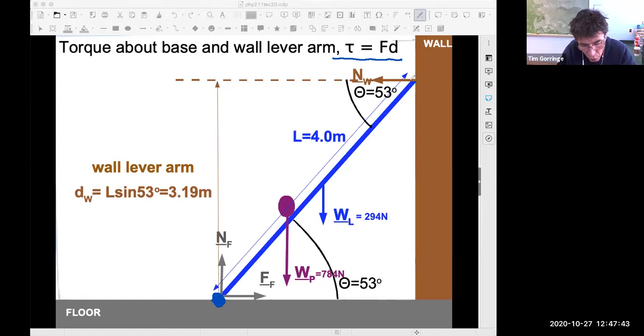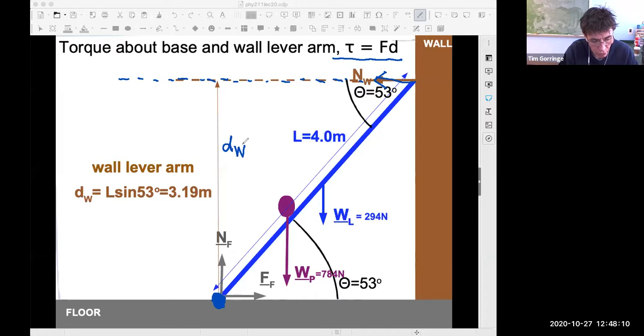Let's think about the wall's force upstairs here, and draw a straight line along the line at which the force acts. Then the shortest distance between that line along which the force acts and your axis of rotation, that's the lever arm. So this here is the wall's lever arm.